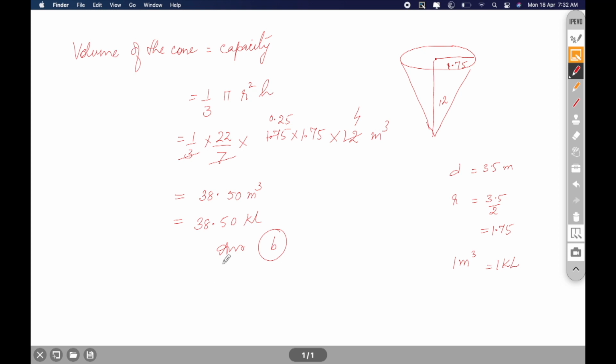Next comes part 9. The ratio of the base radii of two right circular cones of same height is 3:4. So you have two cones here, and the ratio of the base radii is given.